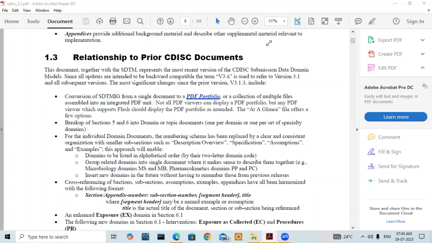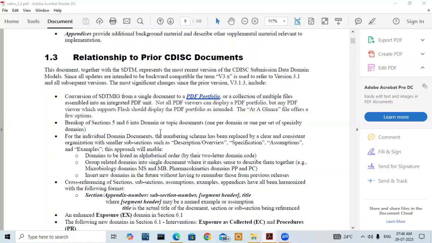But I am using the 3.2 version. You can ask me why I am using 3.2 when 3.4 and 3.5 exist. Because this is the basic version where all the basics are given in detail. In the updated versions, they have given the updates, and the basics they haven't explained thoroughly.